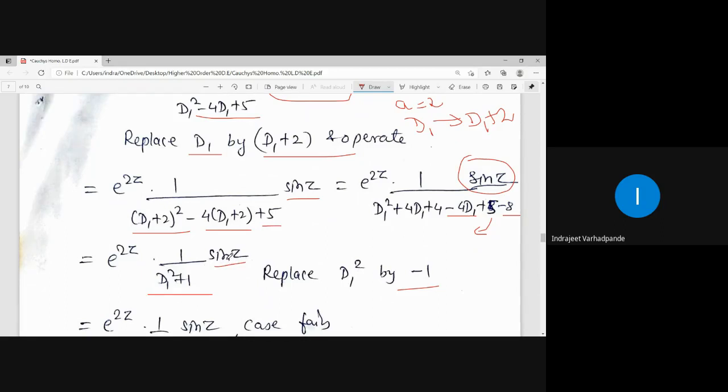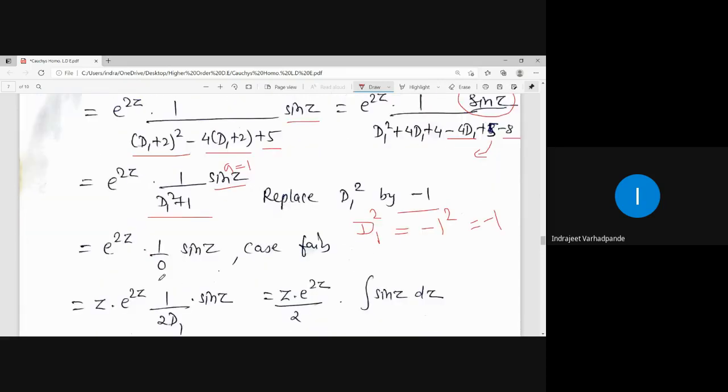Now comparing it with case number 2, replace D square by minus a square. What is a over here? a is equal to 1. So D1 square will be replaced by minus 1 square. So 1 square is 1, so minus 1. Case fails.